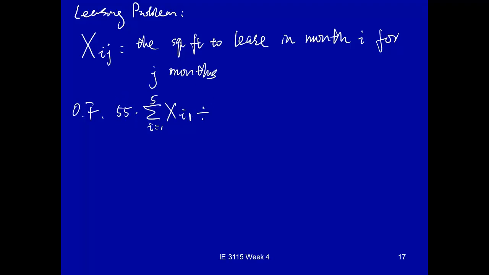Plus the second one is 95 times xi2, again i goes from 1 to 5. We'll make it general. In some cases, we won't lease that many.